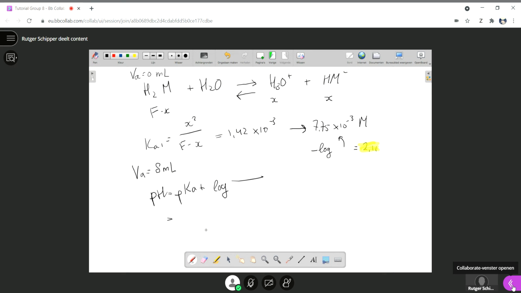My bad. So when you're dealing with an acid, it's this way in the denominator. When you're dealing with a base, it's the other way around.